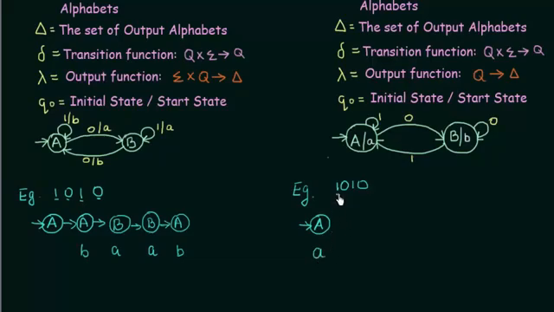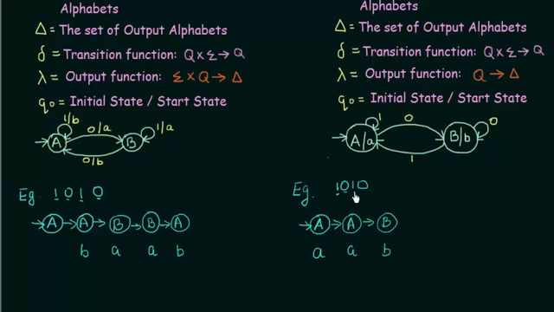Okay, now we get the first input symbol 1. So A, on getting input symbol 1, stays in A itself, and when in A it produces output small a. Then next is 0, and we are in A. Where does A go on getting input 0? It goes to B, and when it reaches B, B produces output small b.